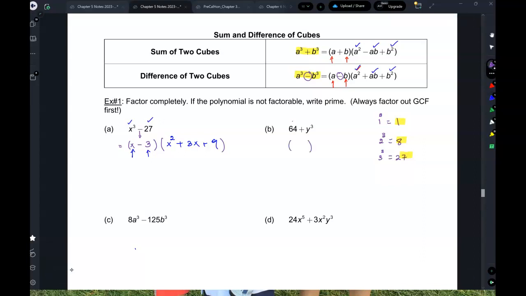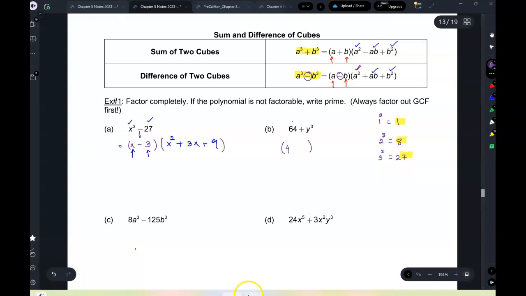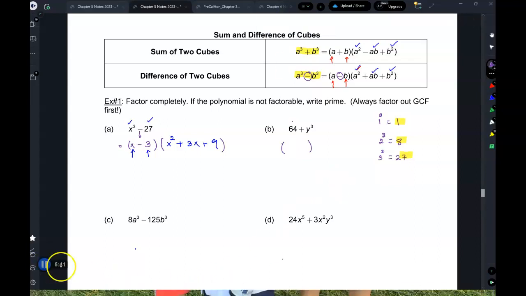Perfect cube, perfect cube. Now, the cube root of 64 is 4. Okay, what if you don't know that, right? You can always do it with your calculator. So why don't you go ahead and take out your calculators, turn them on to the home screen. So that would give you a 4 and a y.